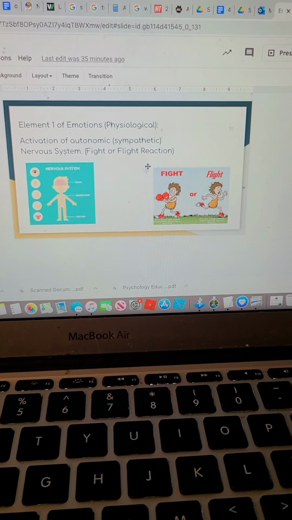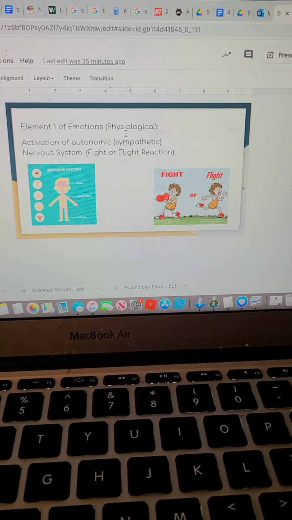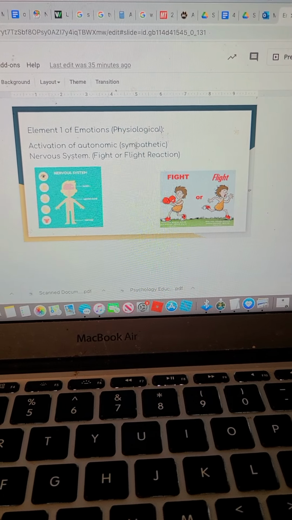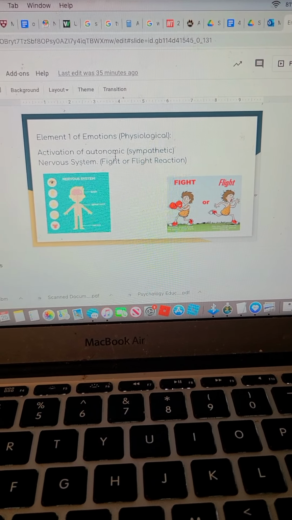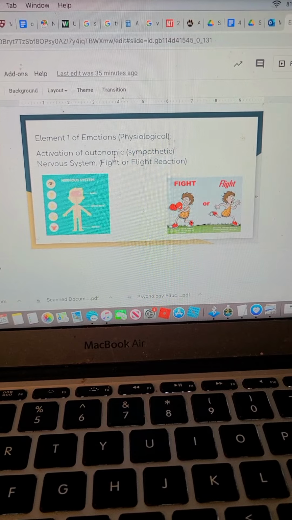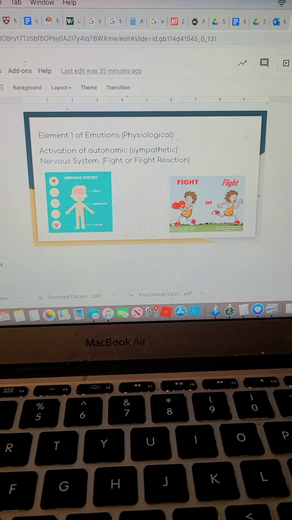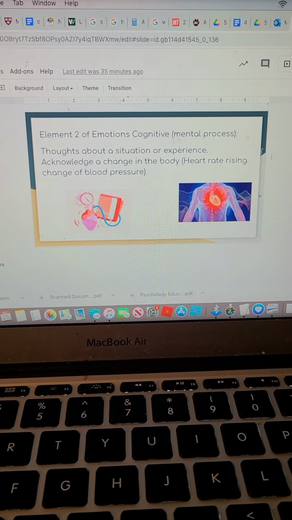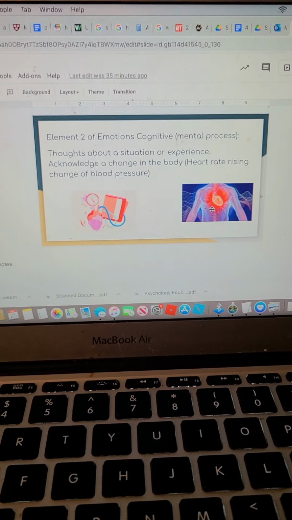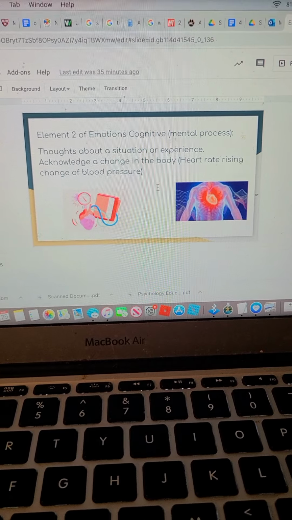So that's how I would explain it. It's more like what is happening, and this is my reaction, whereas this one is what is happening, and this is what is happening internally. So those are just the really hard ones.